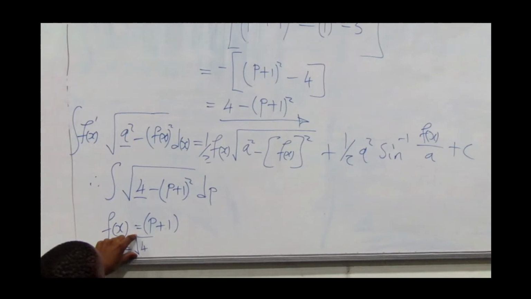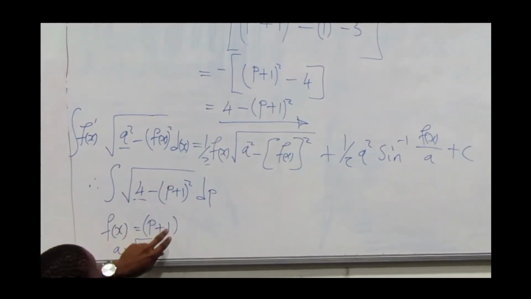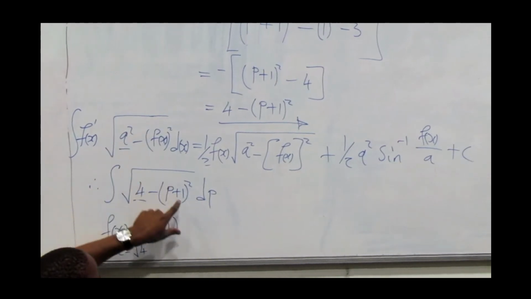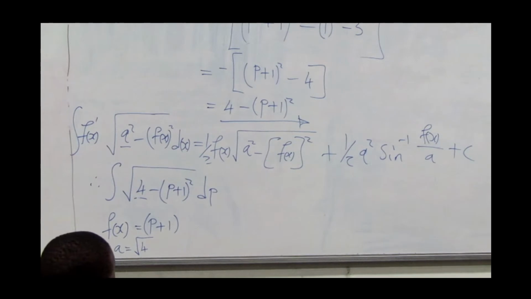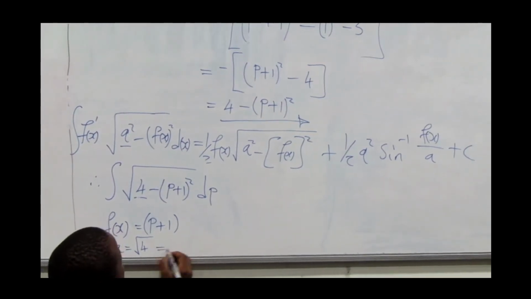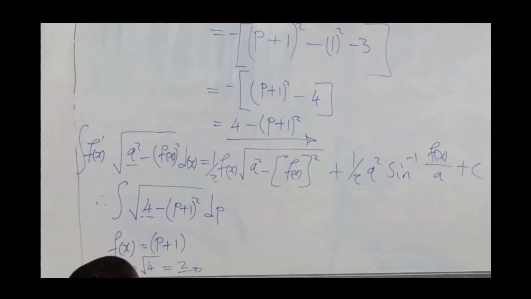The reason is that when we substitute it here, it has to give us 4, and when we substitute f of x here, it has to give us p plus 1 the whole square. The root of 4 is 2.